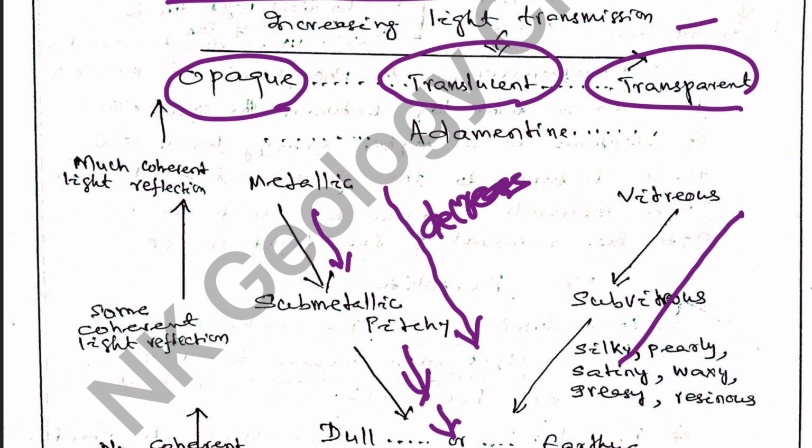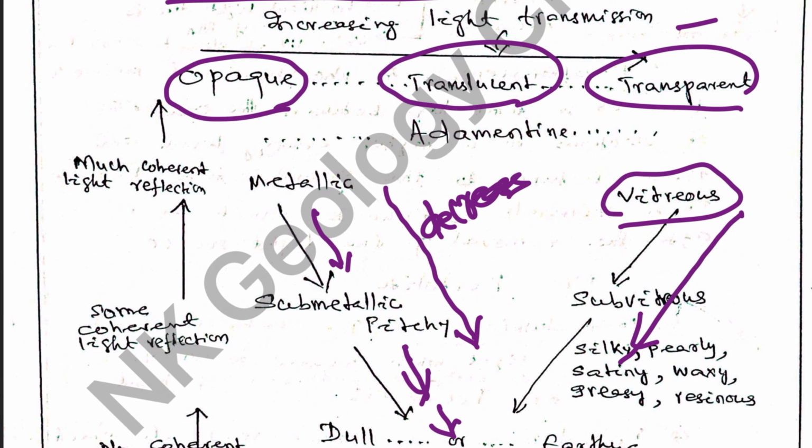Vitreous, subvitreous, gradually decreases. And according to how the surface appears, various terms are used.